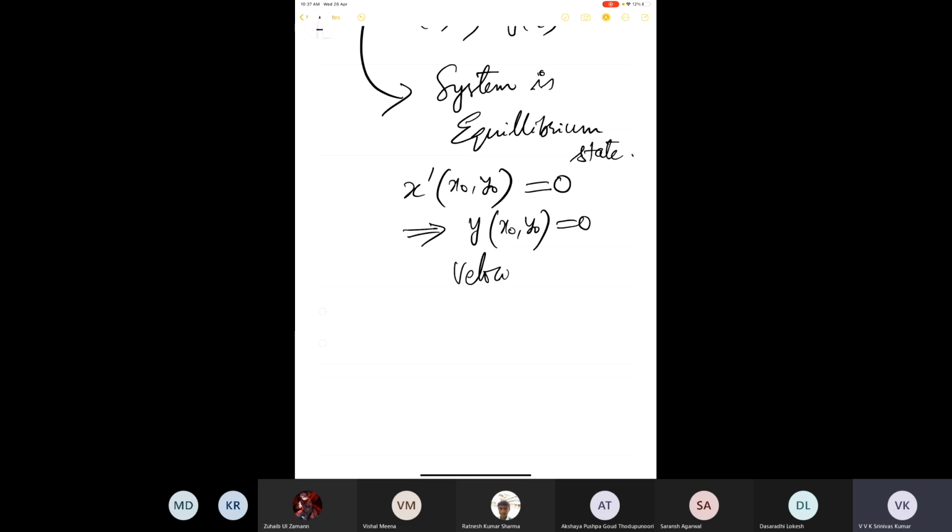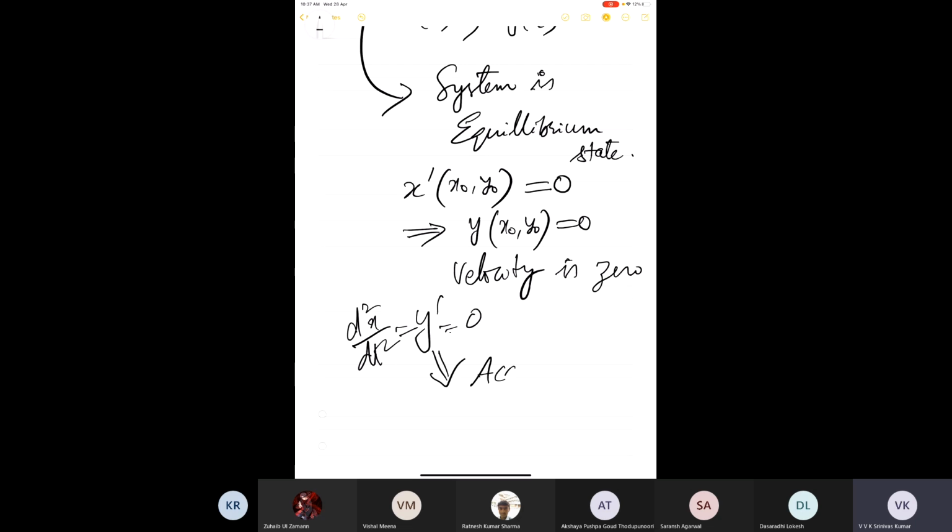And y' is d²x/dt², so y' being 0 implies acceleration is 0.